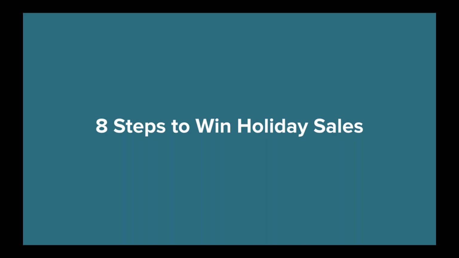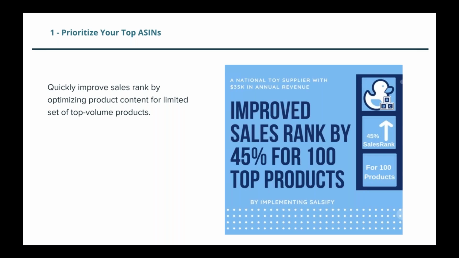So I want to get into some specifics now about things you can do with your product pages to win holiday sales. The first one is that you can prioritize your top ASINs. Some of the brands that we work with are selling tens of thousands of SKUs.